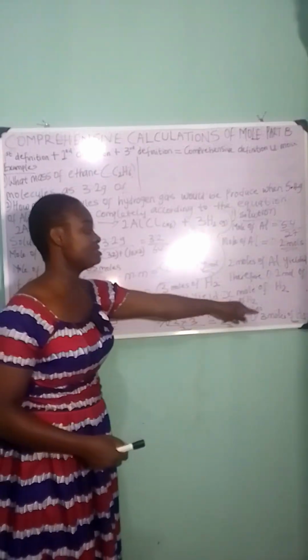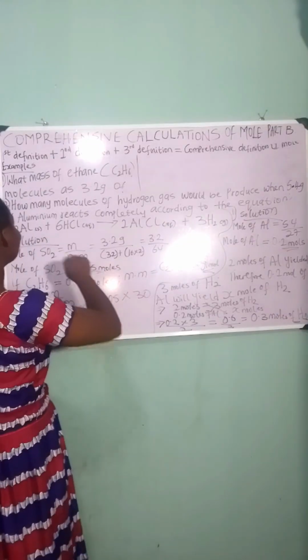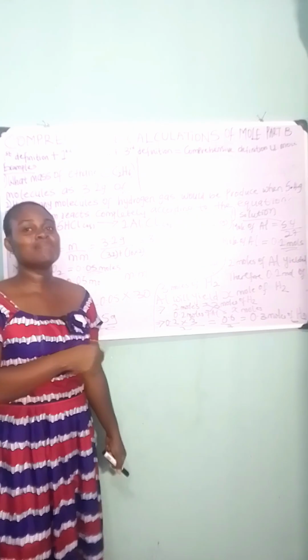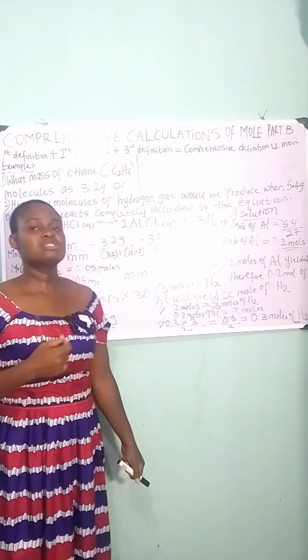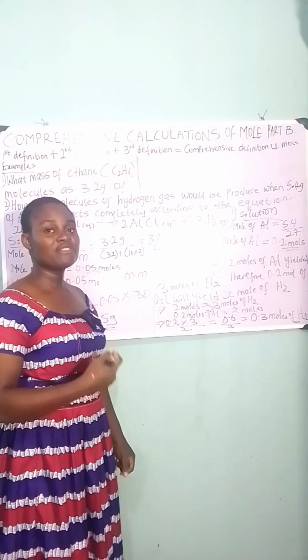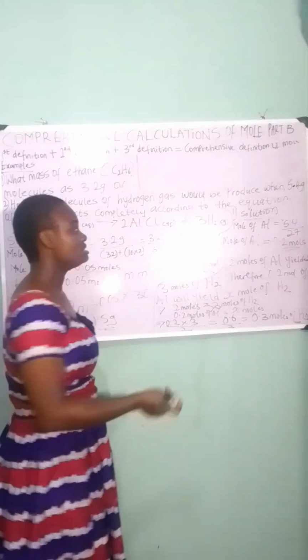Now, this 0.3 moles of hydrogen gas that we have calculated, we'll now use it to answer the question, how many molecules? This number of molecules talks about the elementary particles, 6.023 exponent 23. How many molecules will this 0.3 moles of hydrogen gas contain?